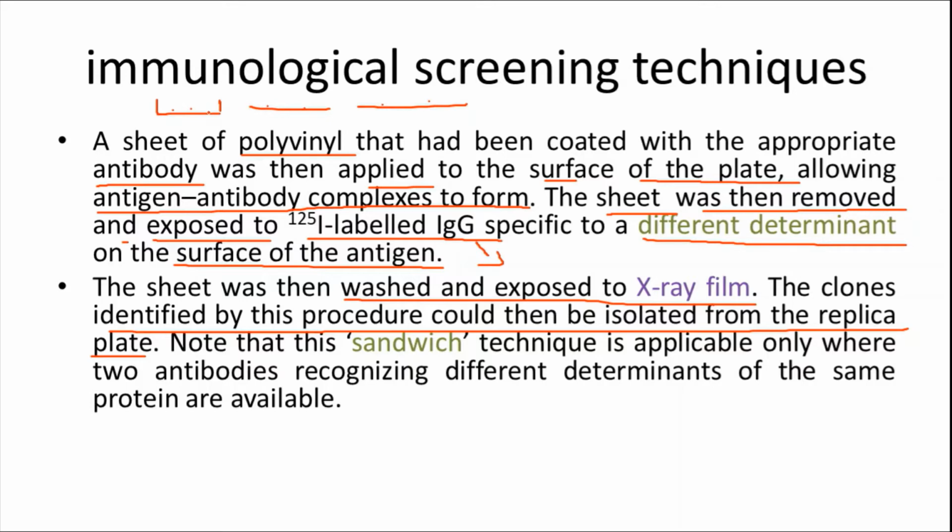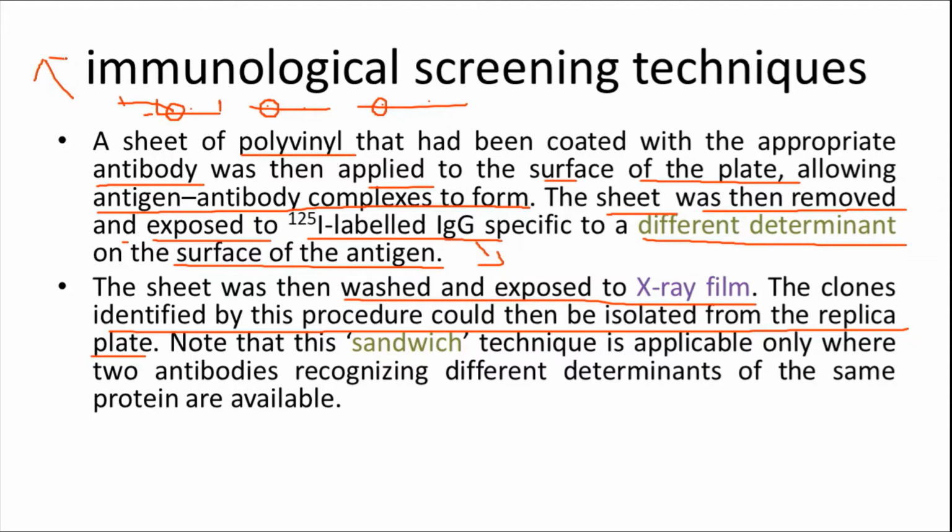Suppose the positive signal takes place here. Then the colonies on the polyvinyl sheet are recombinant, so the corresponding colonies on the plate are recombinant. Once again we subculture, produce the corresponding protein, and carry out further manipulation.